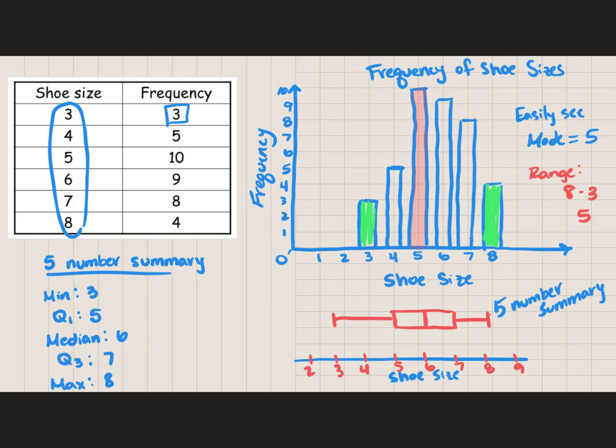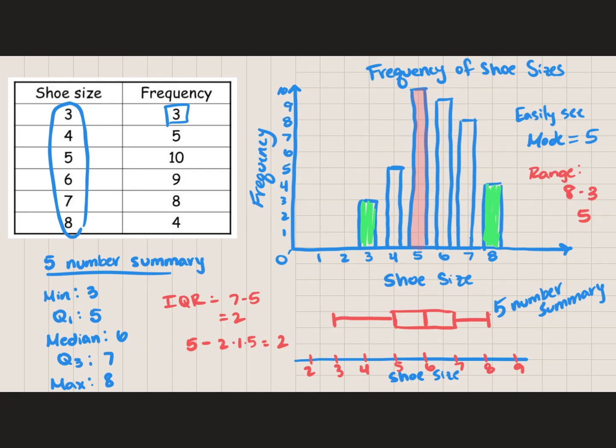But we can check if we want to just by using our formula, because I can get my interquartile range here. My IQR is going to be 7 minus 5, which gives me 2. So then if I take my Q1 minus my IQR times 1.5, that's going to give me 2 as the lowest possible value that I could have.